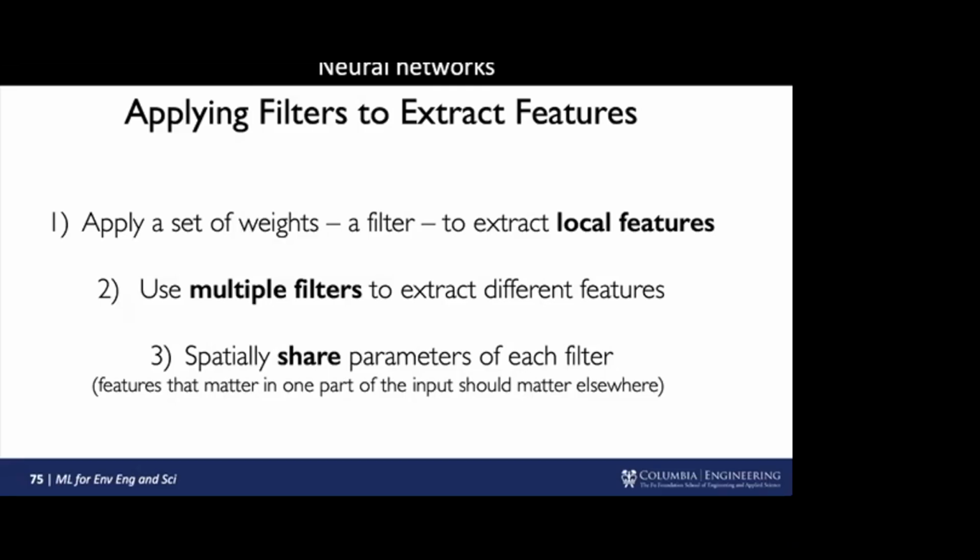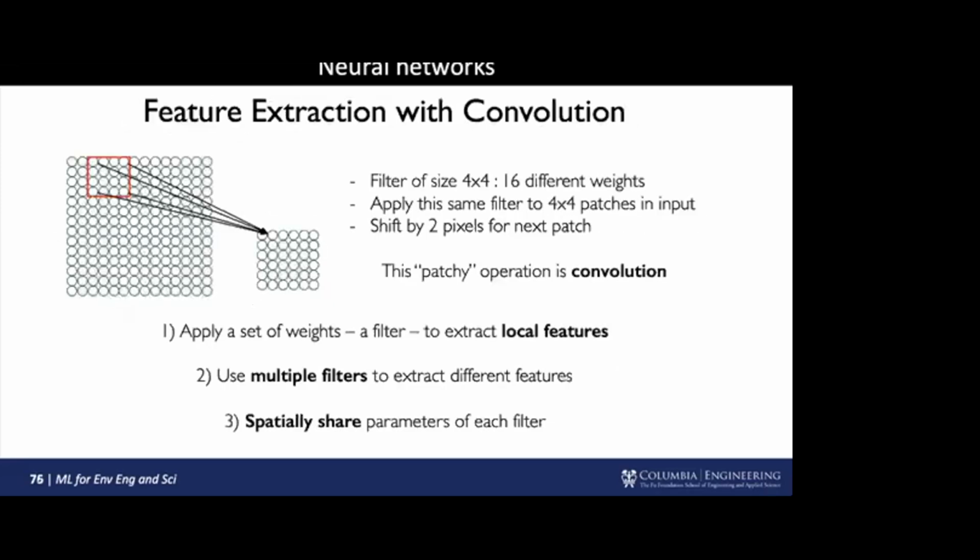We use multiple filters so the network can detect different features at the same time. Importantly, the same filter is applied everywhere in the image. This is called parameter sharing. It means that if a feature is useful in one part of the image, it must be useful everywhere, like in the training.